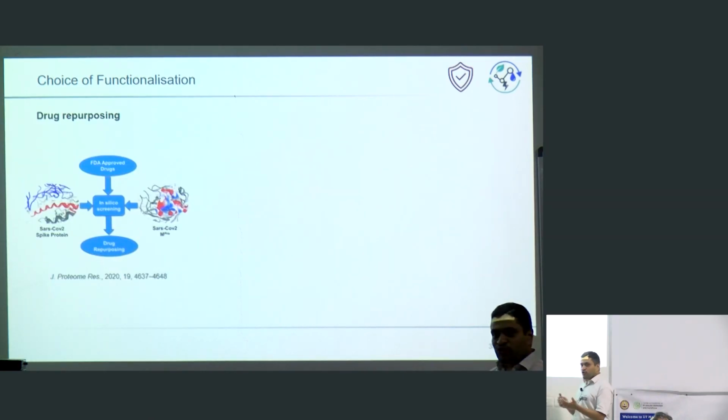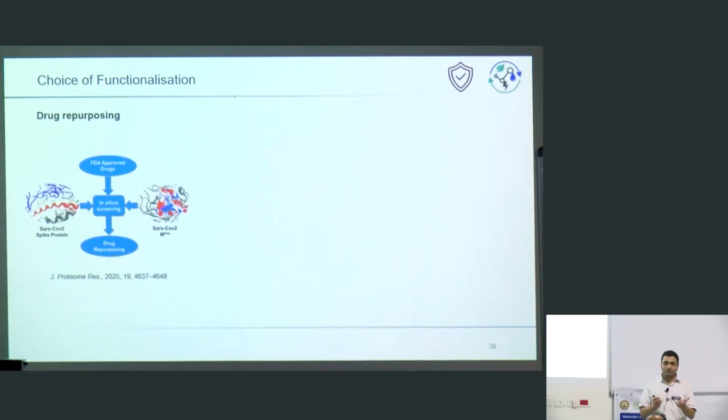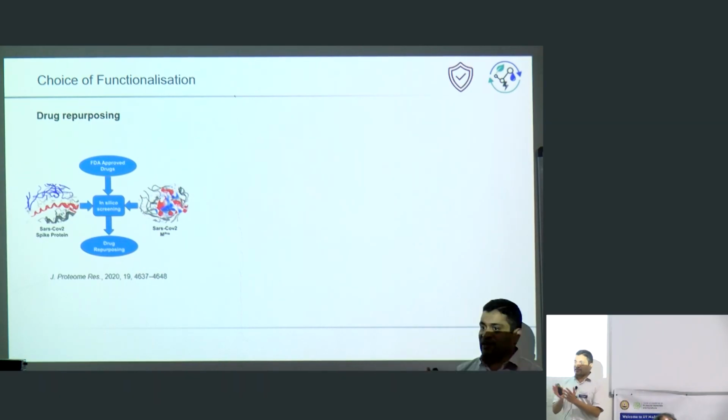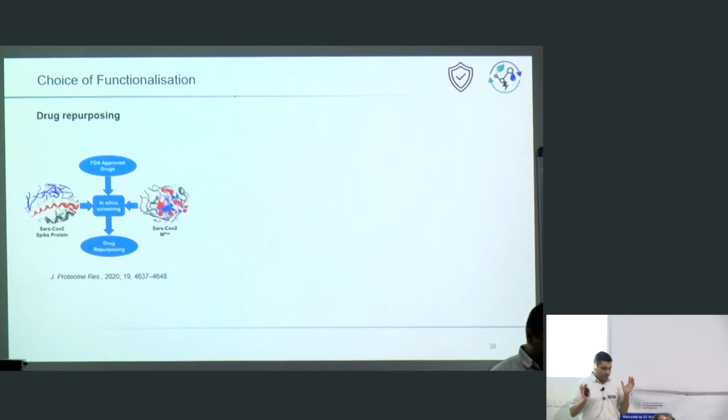So all good said and done that you need something to functionalize the surface. But what do you functionalize it with? So this is where the power of computational chemistry comes into play. At the time when COVID hit, if you go back to that literature, there are hundreds and thousands of papers coming from theoretical groups or computational groups rather, where they just took old drug molecules that were known in the literature, FDA approved, that were not used in the market.